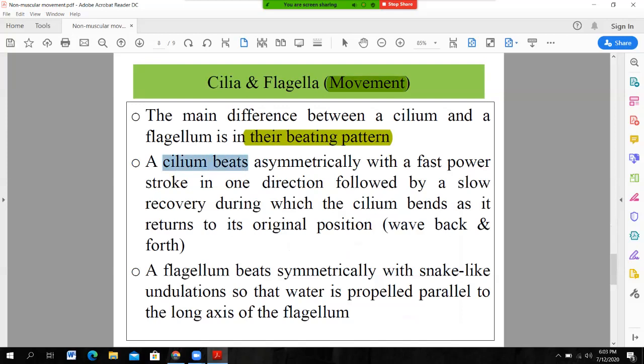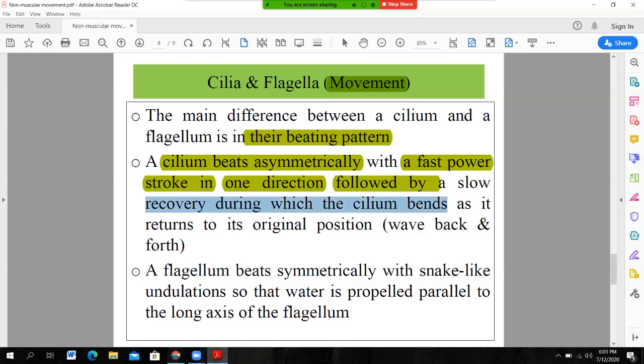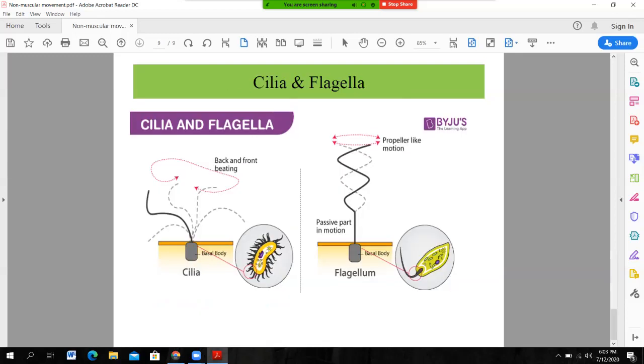A cilium beats asymmetrically with a fast power stroke in one direction. First it moves fast in one direction, followed by a slow recovery or backward movement during which the cilium bends as it returns to its original position.